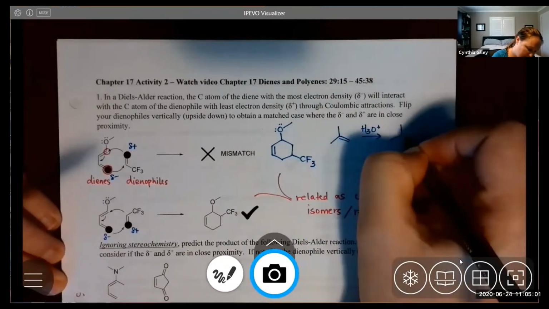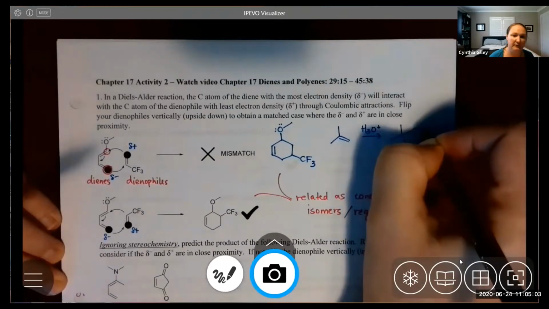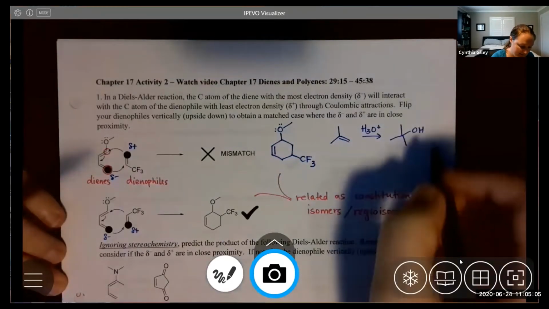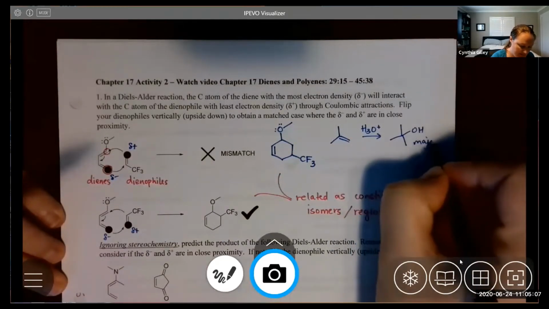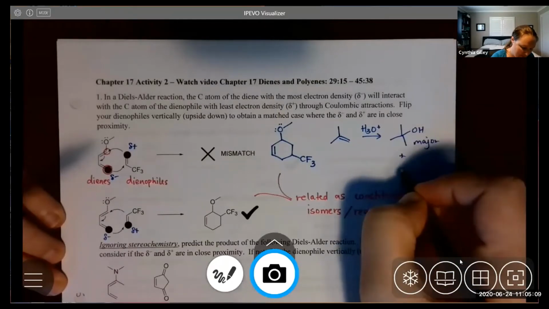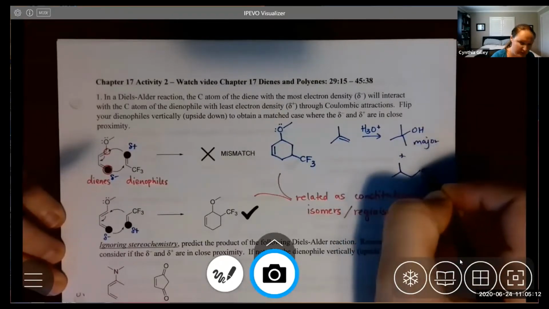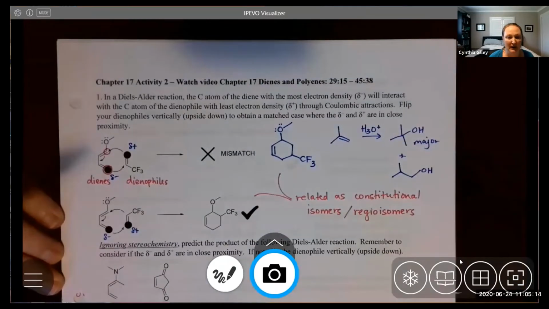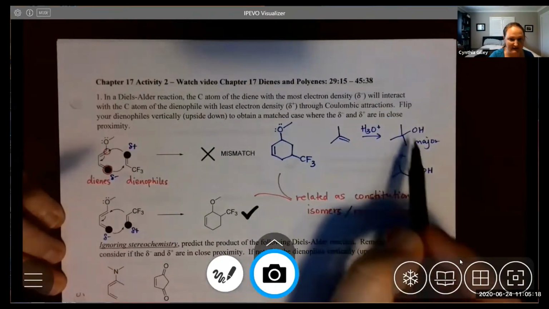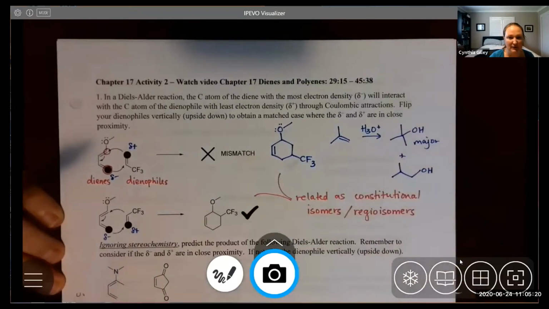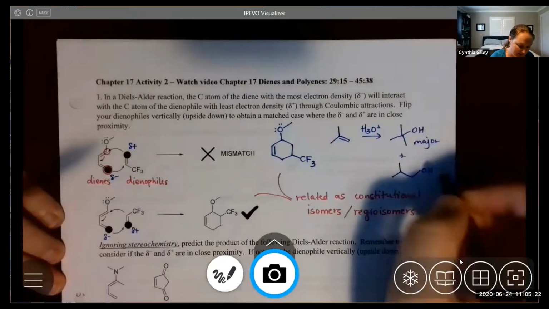It will give you the Markovnikov product, and this is a major product. And then also it would give you a minor product that we typically don't usually draw, which we might call the anti-Markovnikov product. So these two compounds are related as constitutional isomers, right? But this is major and this is minor in this reaction.